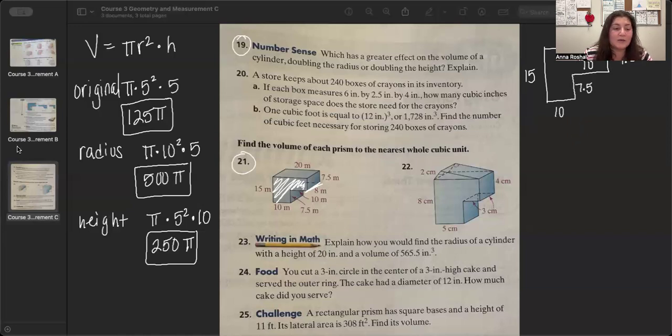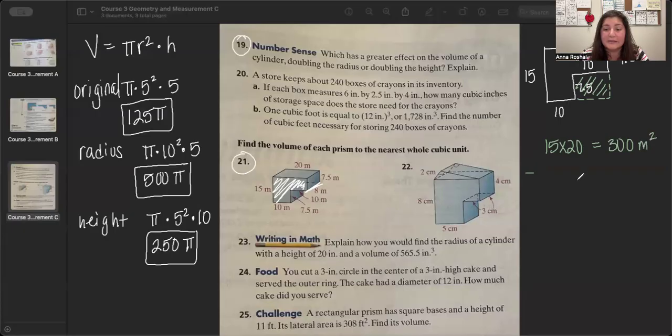By looking at this, I can say that this particular image used to be a full rectangle. It used to be a 15 by 20 rectangle. So I'm going to find the area of this full 15 by 20 rectangle and subtract this portion that was cut off. 15 times 20 is 300, so I've got 300 square meters.